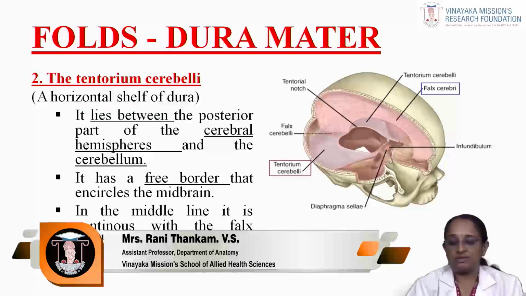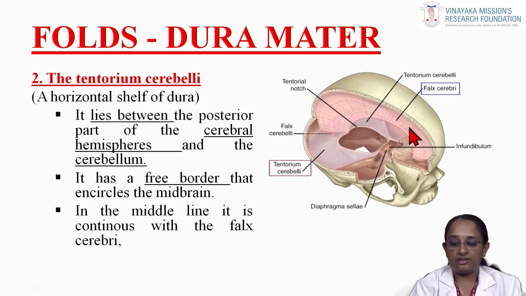Next, the tentorium cerebelli. You can see the falx cerebri here, and then this is the tentorium cerebelli. Cerebelli relates to the cerebellum. As the picture shows, above the tentorium cerebelli we can see the cerebrum, and below it we can see the cerebellum.